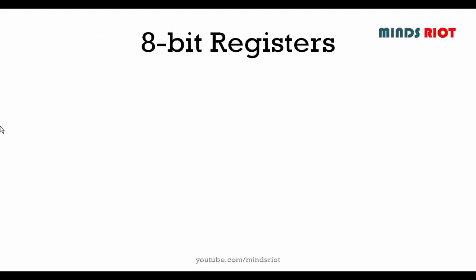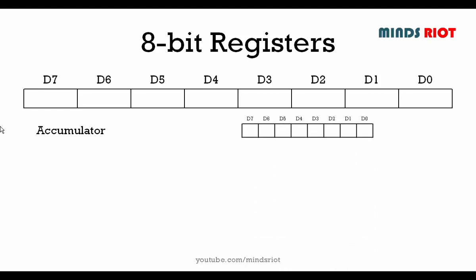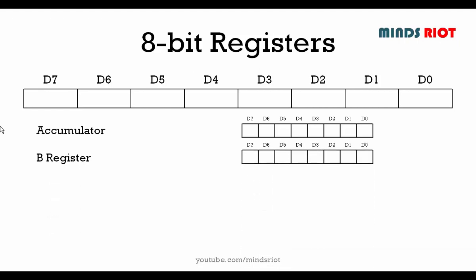Now in 8051 there are two types of registers, 8-bit registers and 16-bit registers. 8-bit registers are 8 flip-flops connected to form an 8-bit register. The first 8-bit register is the accumulator, then register B, then register bank registers. 8051 consists of a total of 4 register banks, RB0, RB1, RB2 and RB3.